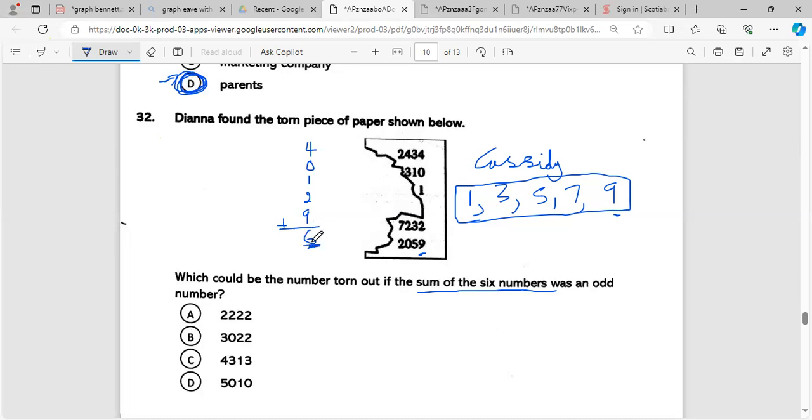So if you add 0 to it, because this number ends with 0, there's no way it will change. It will still be an even number, right? Because 0 is not going to change anything. If you put 5010, it's still going to end with 0, because 0 doesn't have a value. So it can't be this. And if you add 2 to 6, what would be the result?